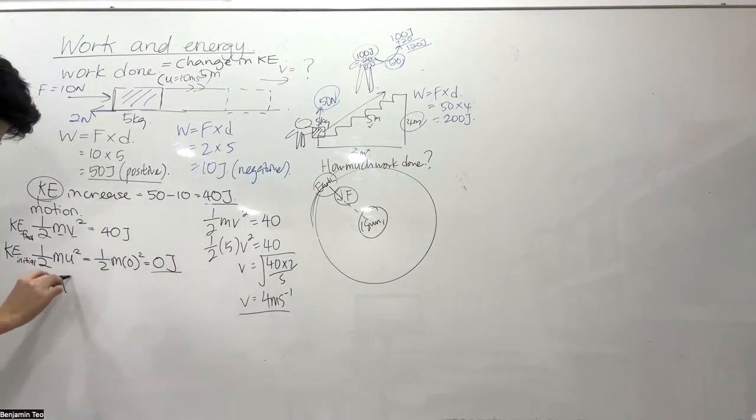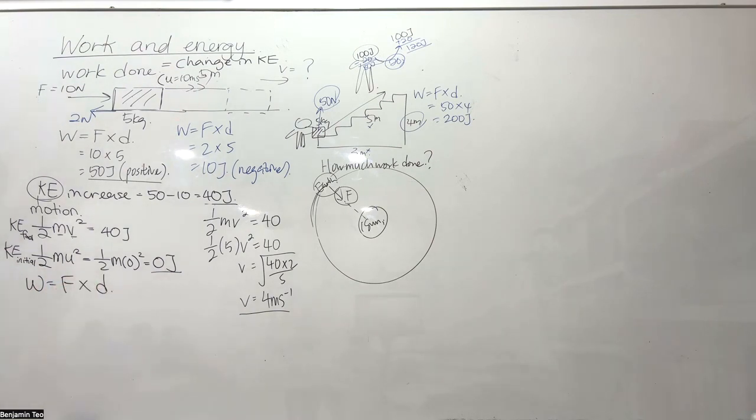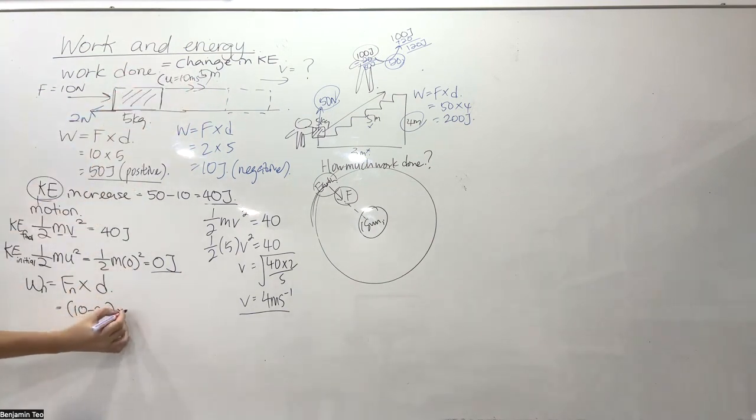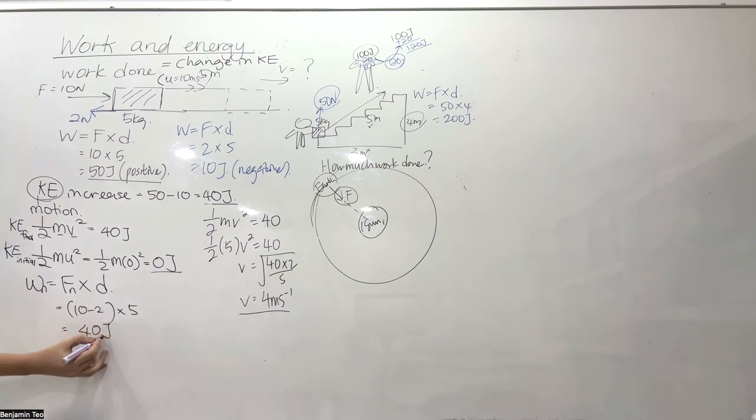W equals force times distance. I have two works, one is the work I do, and one is the work done by friction. What is the net work? Net work done is net force times distance. Net force is 10 minus 2, times the distance traveled, which is 5 meters. 40 Joule.